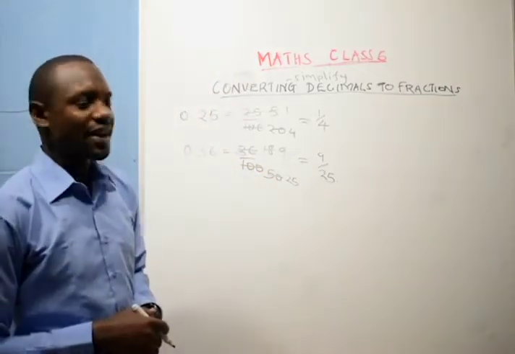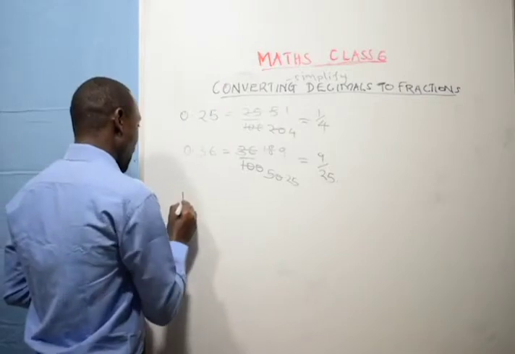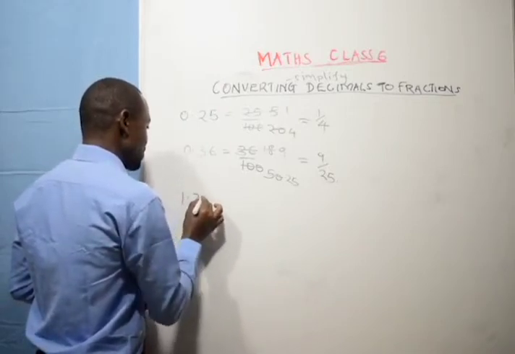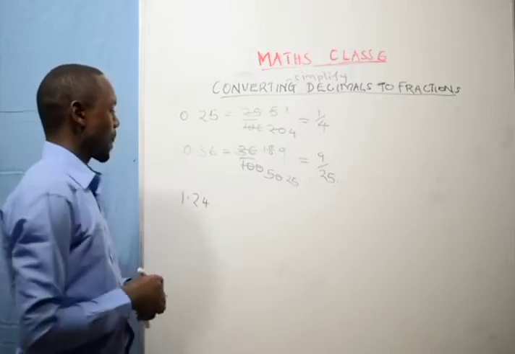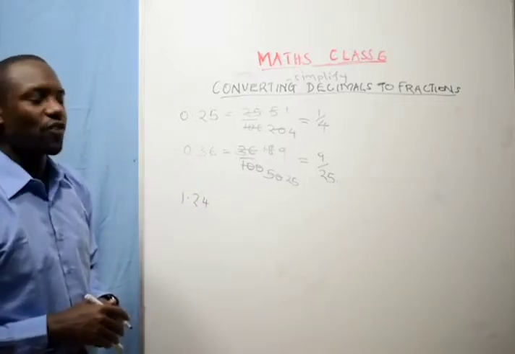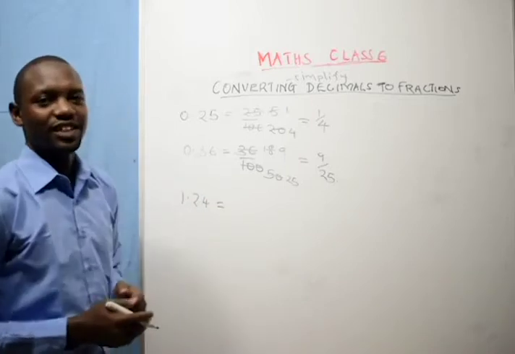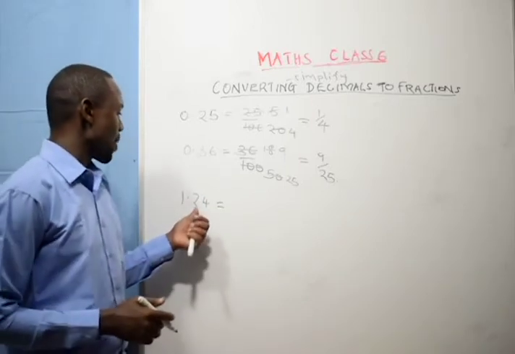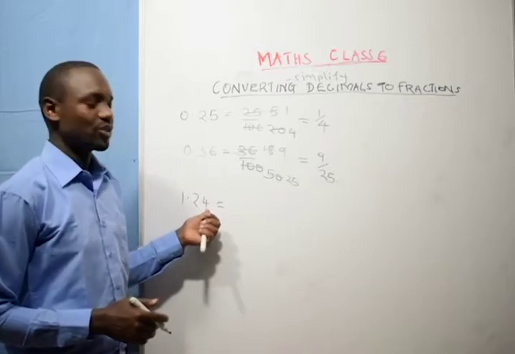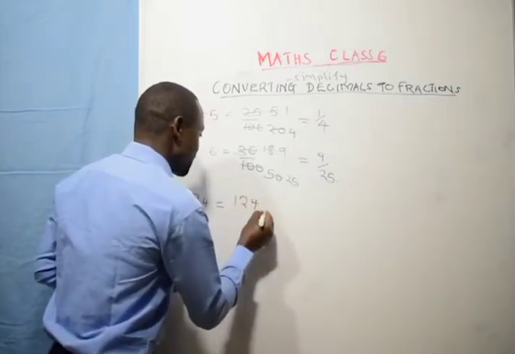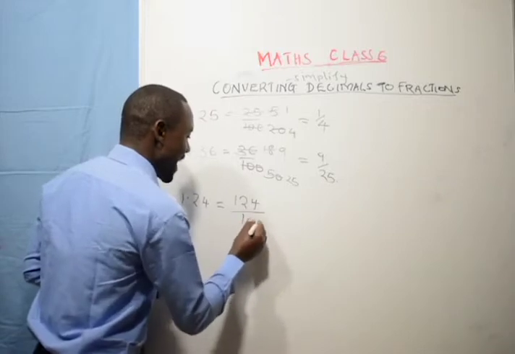I give you another number, for example, 1.24. 1.24, this number as a fraction. How many decimal places are here? We have 1, 2. Which is 124 over 100.